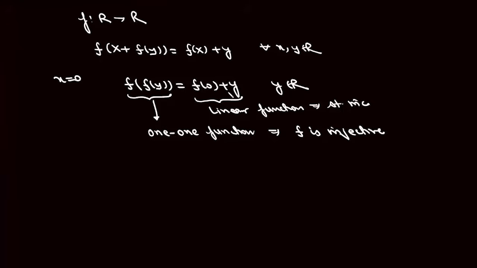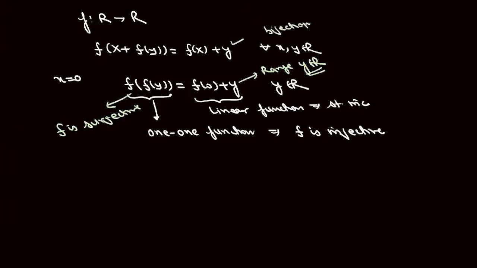And for this question again, f(0) + y is a linear function, so its range will be all real numbers. And through the composition lemma, again we can say this f is surjective. So from this simple equation, we have deduced that this function is a bijection.